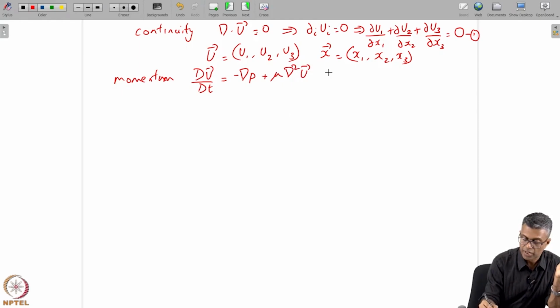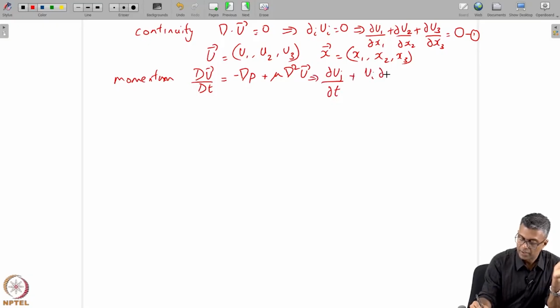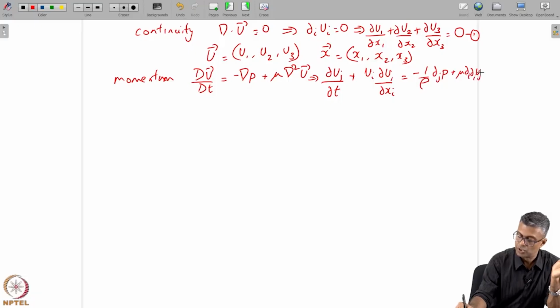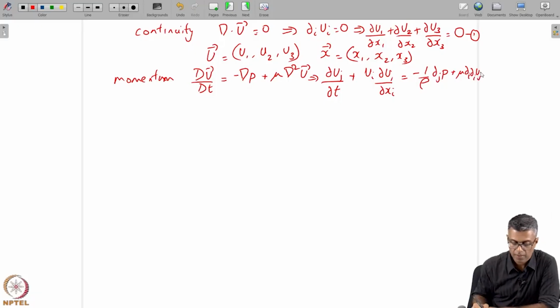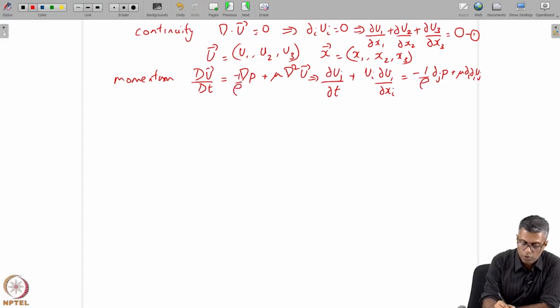So in index notation that is del uj del t plus ui del uj del xi equals minus 1 over rho del j p plus mu del i del i uj. So there is a 1 over rho here.